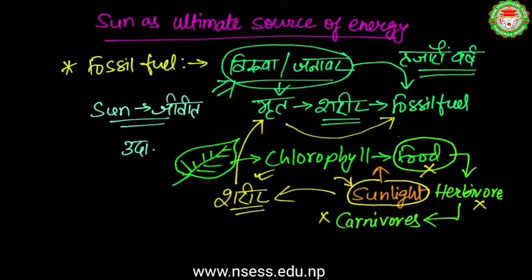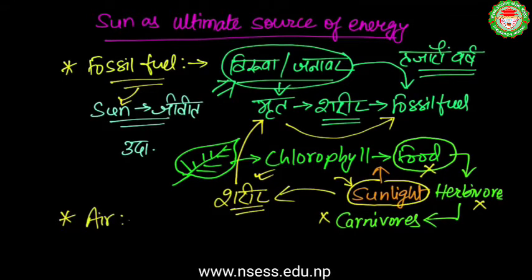So because of the sun, because of the energy radiated from the sun, the formation of fossil fuel is possible. So natural gas, petrol, diesel, all these are fossil fuels that are formed only because of sun. So you can consider sun as the ultimate source of energy. In case of fossil fuel, sun plays an important role.